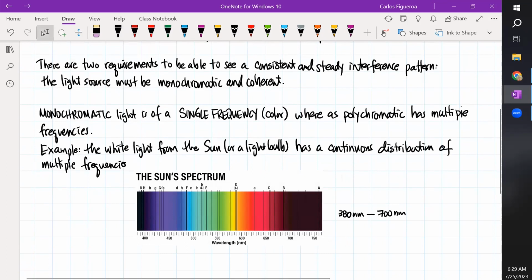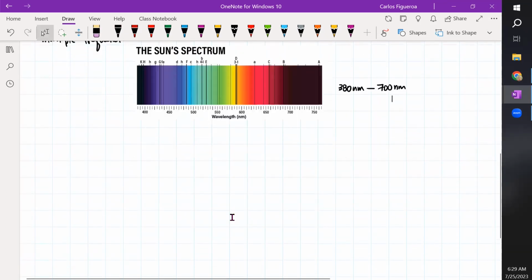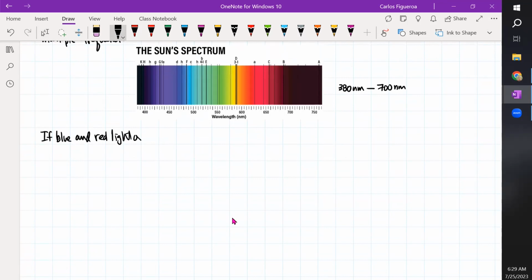So when you start to look at this, we can imagine the following scenario here. If, say, blue and red light overlap, then we're starting to look at something like this.